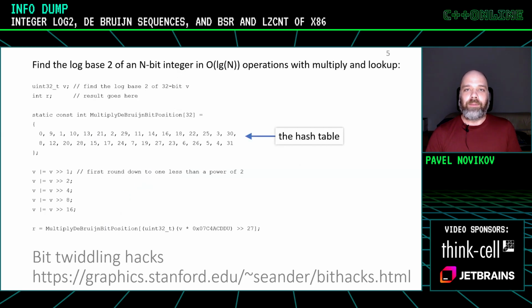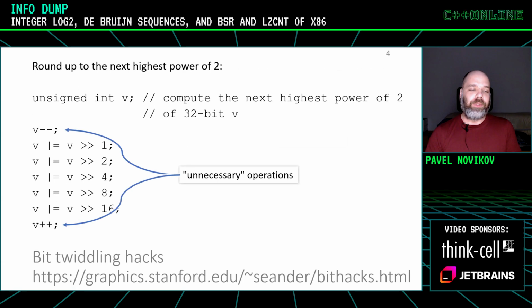So here is the actual algorithm, or procedure, from that site, which doesn't use rounding to the next power of 2. Rather, it uses rounding to 1 less than a power of 2. And we don't need these 2 unnecessary instructions because we don't need to actually round to the next power of 2.